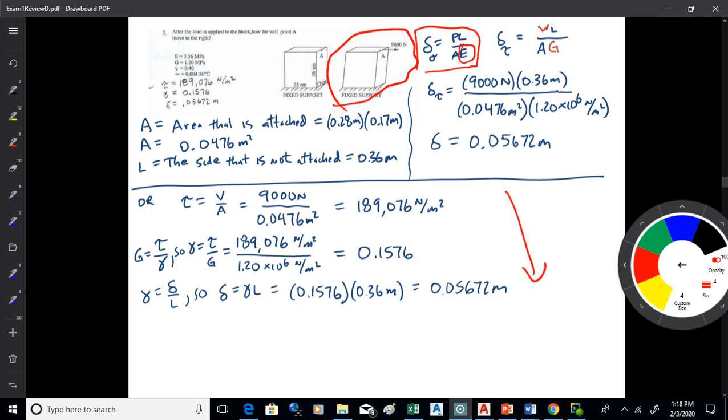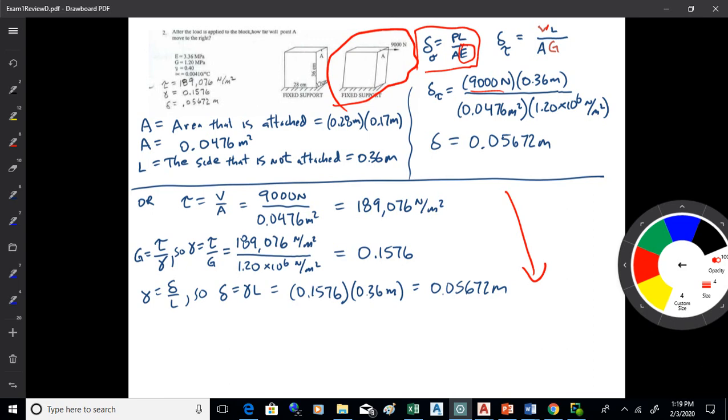So if you use VL over AG, the load is 9,000. The area is what is attached. That's the hatching. So it's 0.28 times 0.17. It's 0.0476 square meters. The length is the side that's not attached. It's 0.36 meters. Okay, so the area is what's attached. The length is what is not attached.